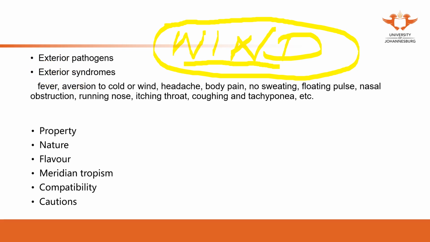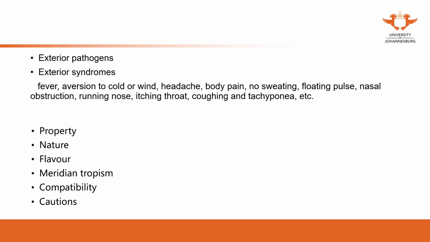In a bacterial syndrome, the patient may present as fever, aversion to cold or aversion to wind, headache, body pain, no sweating, floating pulse, nasal obstruction, runny nose, itching throat, coughing, tachypnea, etc. As you can see, the symptoms mostly focus on the upper part of the body or the superficial parts of the body, or the symptoms related to the lung or the respiratory system.